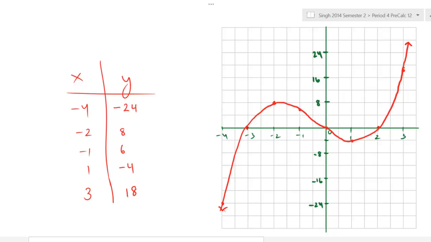It matches the general shape we were expecting, falling on the left, rising on the right. It's a cubic function that passes through those intercepts. Your graph should probably be a bit more smooth. With the tablet it's a little hard to get that smooth curve. Try to draw the graph without lifting your pencil, unlike what I was doing, and you should get a nice smooth curve.